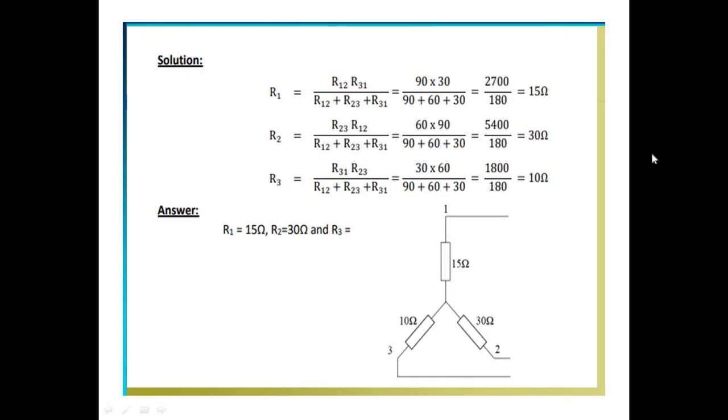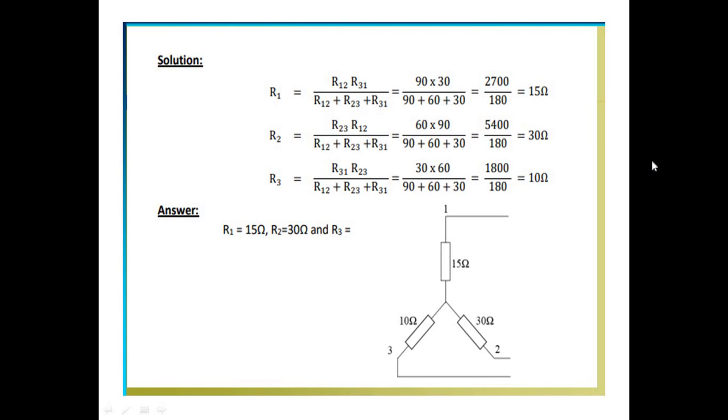Here R1 is equal to R12 into R31 divided by R12 plus R23 plus R31, is equal to 90 into 30 divided by 90 plus 60 plus 30, is equal to 2700 divided by 180, is equal to 15 ohm. R2 is equal to R23 into R12 divided by R12 plus R23 plus R31, 60 into 90 divided by 90 plus 60 plus 30, is equal to 5400 divided by 180, is equal to 30 ohm.